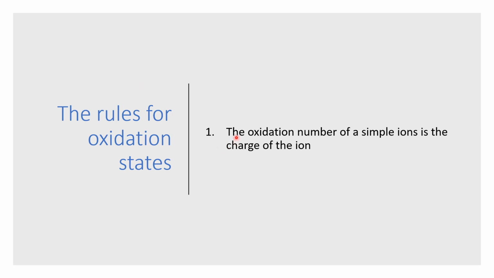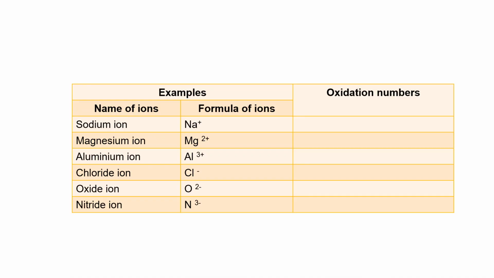Rule number 1: the oxidation number of a simple ion is the charge of the ion. Here is a list of example ions. Example: sodium ion.